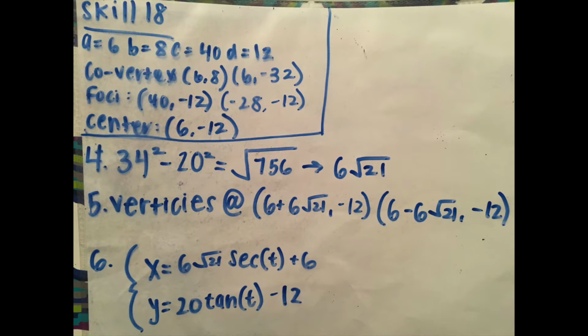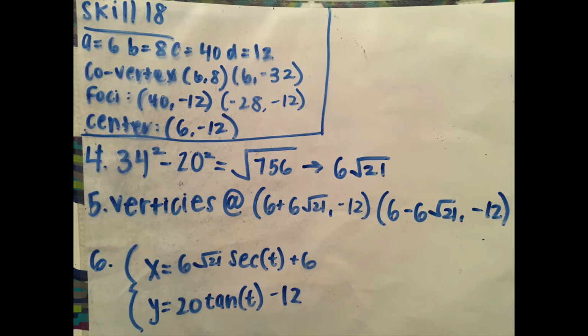Next, using Pythagorean theorem, I was able to use the equation c squared minus b squared is equal to a squared. I can use this because the distance between the foci and the center squared and the distance between the foci and the co-vertex squared was equal to the distance between the vertices squared.